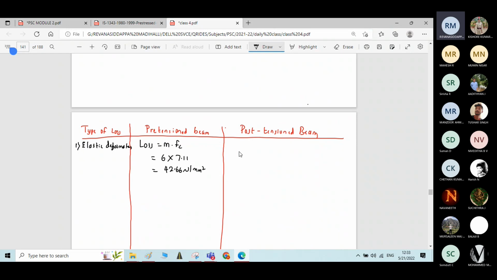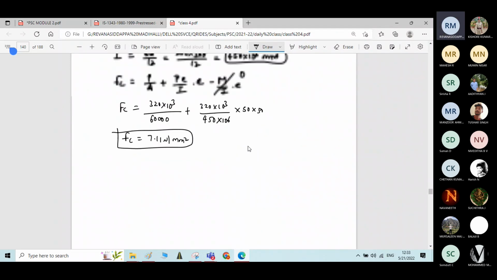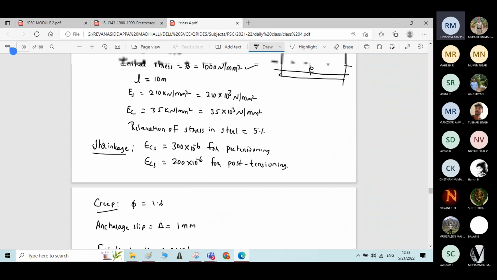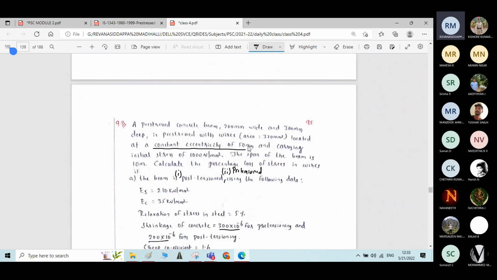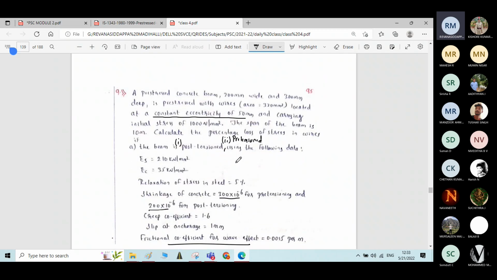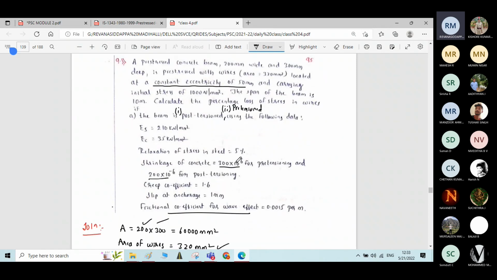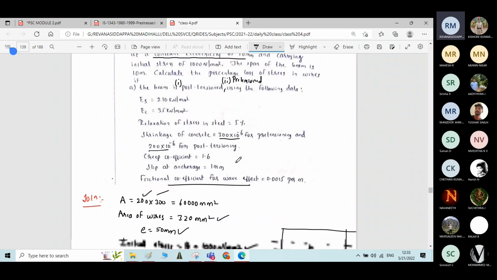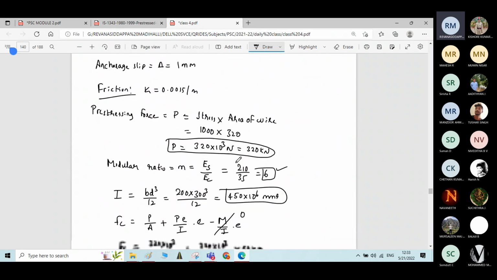Then what about loss due to elastic deformation in the post-tension beam? Whether it will be there or not depends on whether the cables are pulled simultaneously or one by one. Here the pre-stressed wires are located at a constant eccentricity of 50 mm and carry initial stress. It is not mentioned whether the cables are pulled simultaneously or one by one. If it is not mentioned, it is understood by default that the cables are pulled simultaneously.